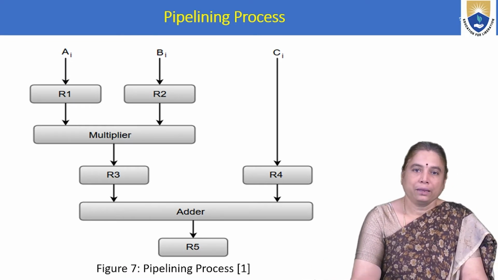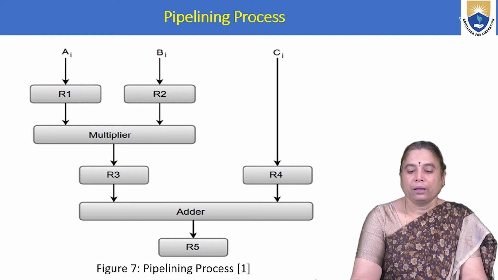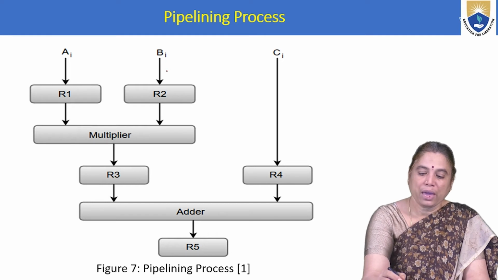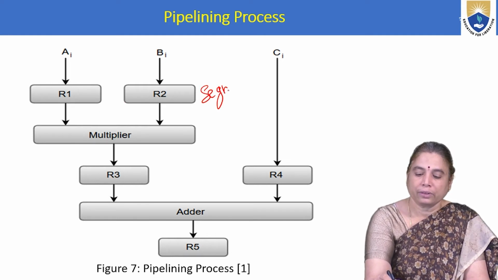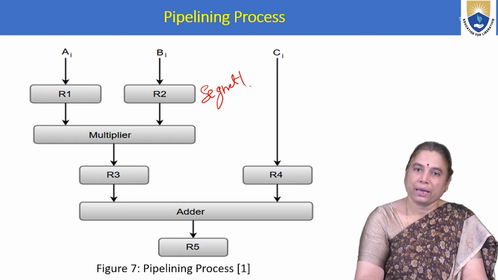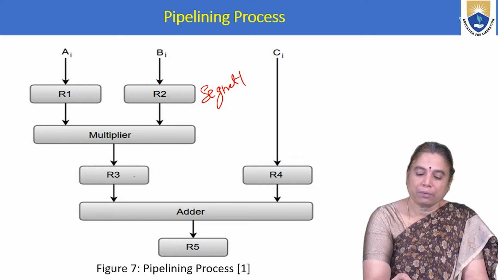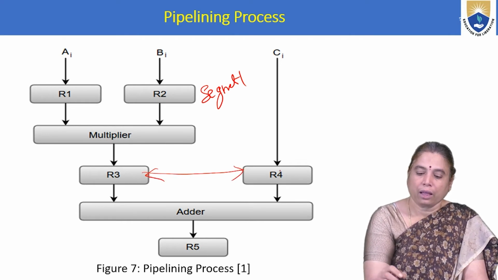How this pipelining process can be carried out is illustrated with the flowchart diagram. So here Ai, Bi, the storing of values to the registers, until this the segment 1 operation is carried out. After that, with the multiplier, multiplication can be performed and the result is stored in R3. In the meantime, the C value can be loaded in register R4.